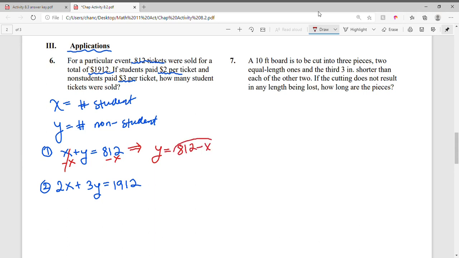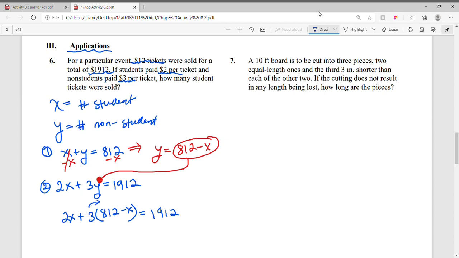I'm going to take 812 minus x and substitute it into the second equation for y. This simplifies as 2x plus 3 times, now we're going to substitute 812 minus x into the y, and that is equal to 1912.